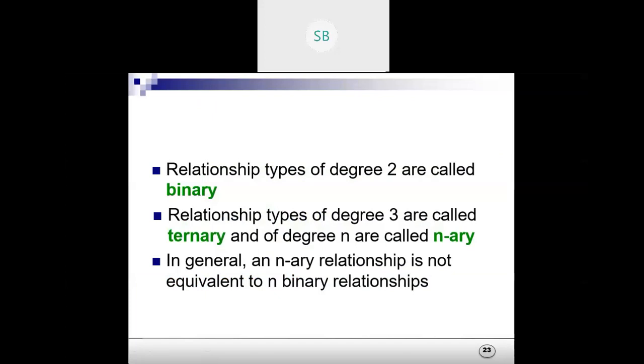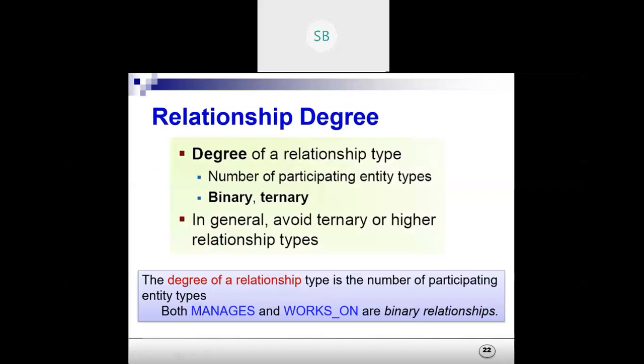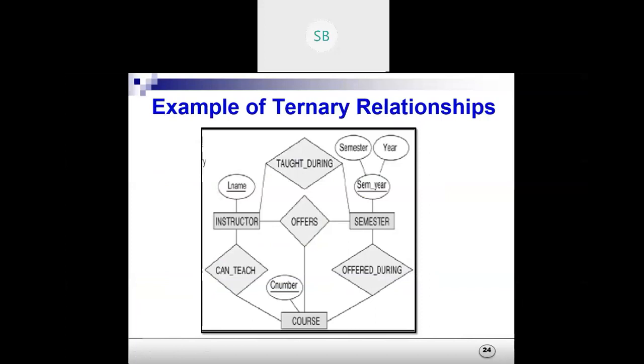But generally we must try to avoid ternary relationships. It's good that we always follow binary only. Let me give you an example of what a ternary relationship looks like. Now you check here: instructor, semester and course are the three entities.